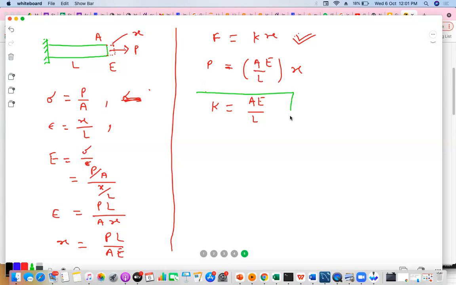This is a simple case. Now I want to derive this stiffness matrix.